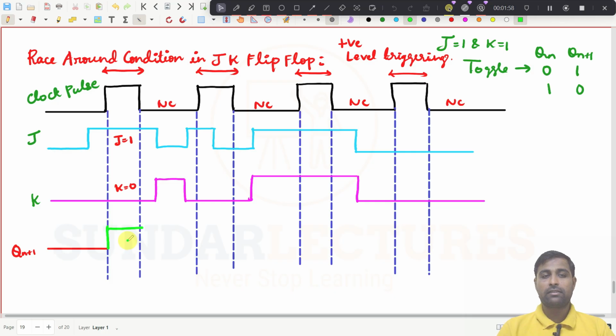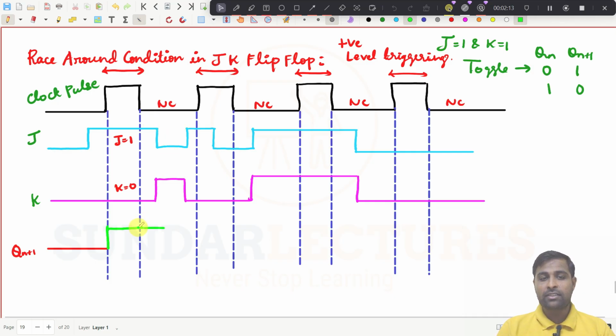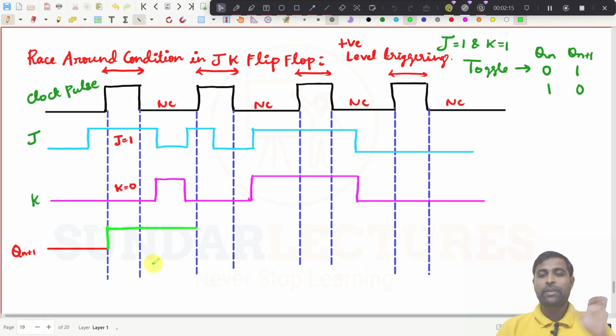Obviously it goes to 1. Until this point the value of J is 1 and K is 0, and here it is a no change condition. There is no clock pulse, so it is no change. It is 1 now, so until this point there will not be any change in the output. It will be retained at 1.